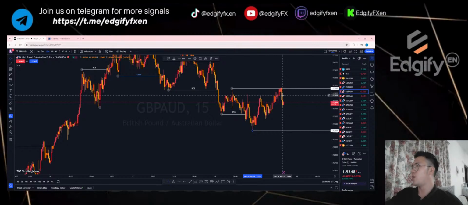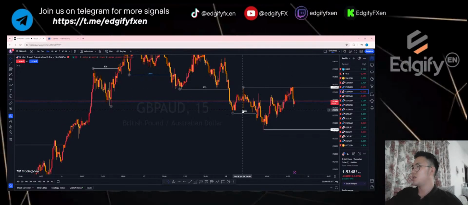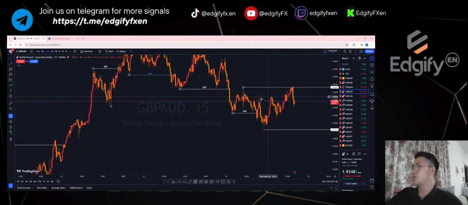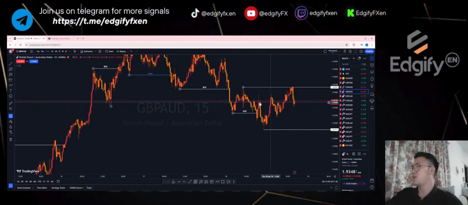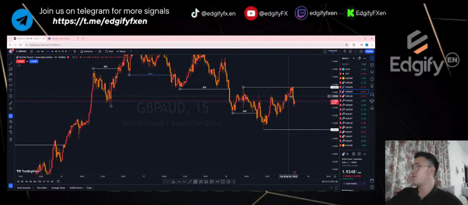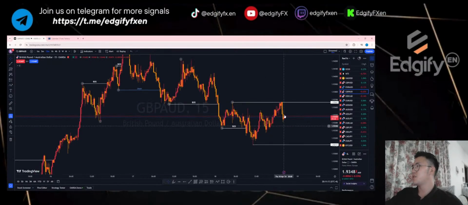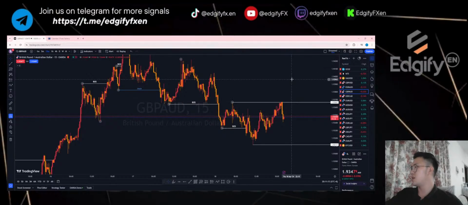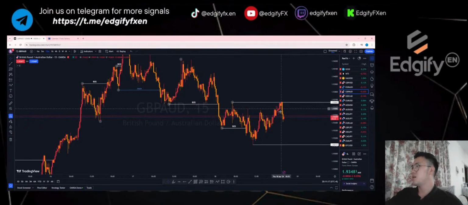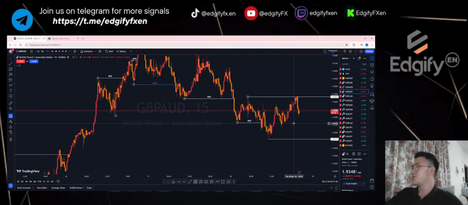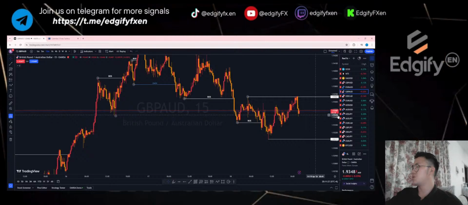At this range here, why I didn't take it is because this whole block here is a little huge and it has been mitigated. It's not once, but 1, 2, 3, and this is the 4th time already. So the possibility of this reversing and going up is also there, because the price couldn't. So we'll see how this will play out.